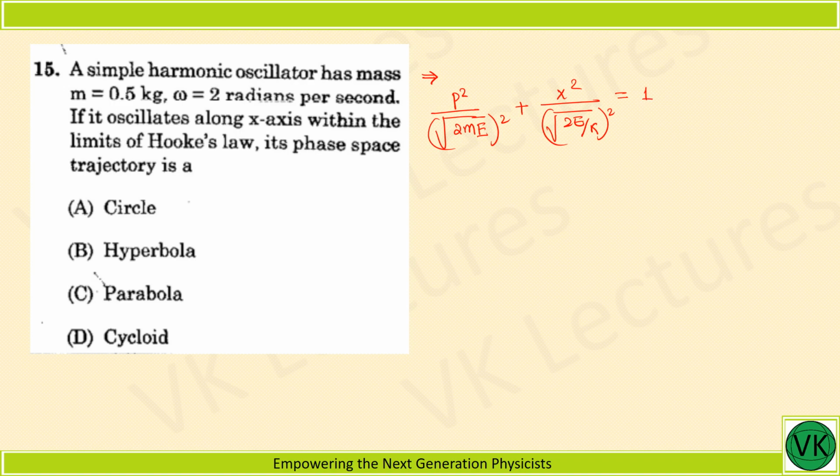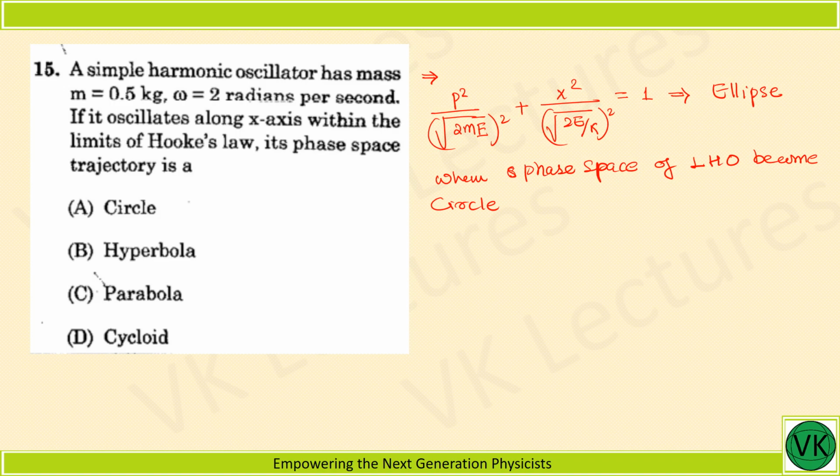Now when does the phase space of a linear harmonic oscillator become a circle? So this is an equation for ellipse. Now let us see when this phase space diagram or the equation becomes that of a circle.